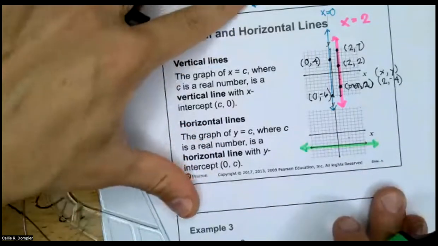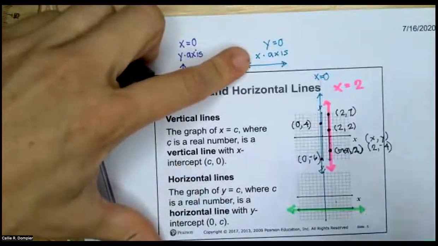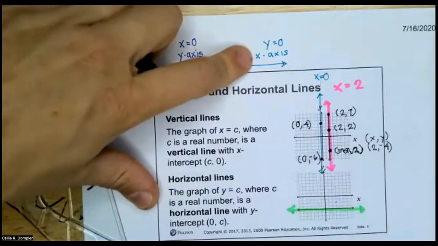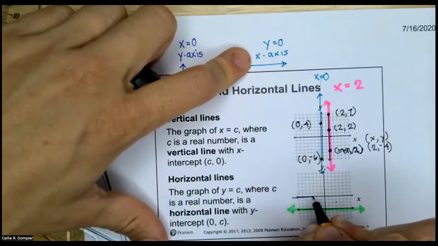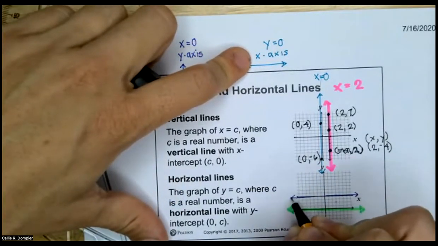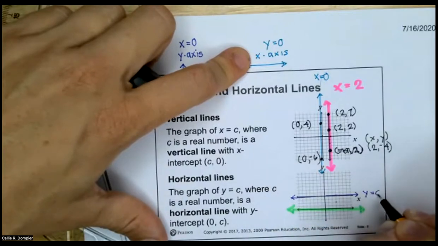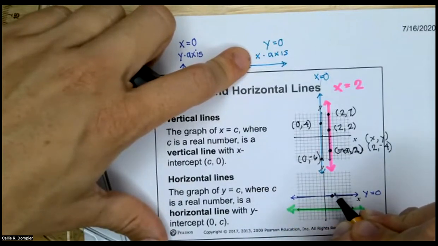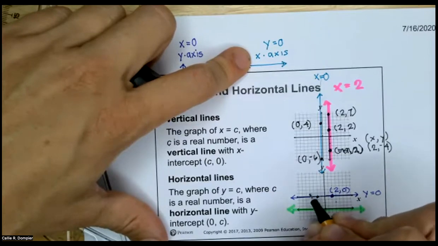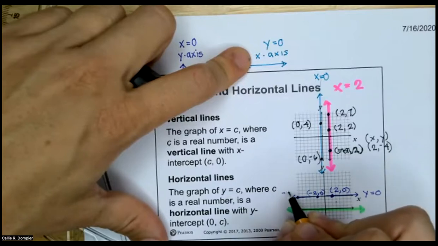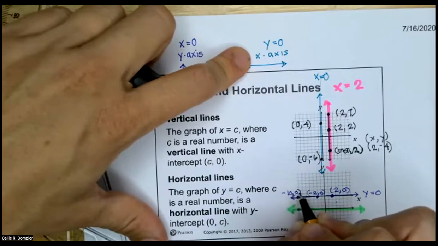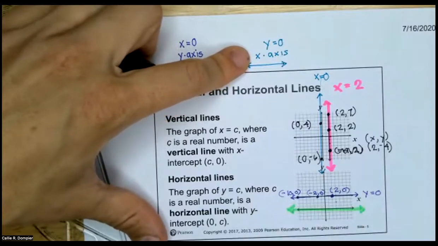we said our x-axis is where y is equal to 0. So this line is where y equals 0. Okay, so that one is 2, 0. This one is -2, 0. This one is negative, I don't know, 10, 0. Just making that up. Okay.